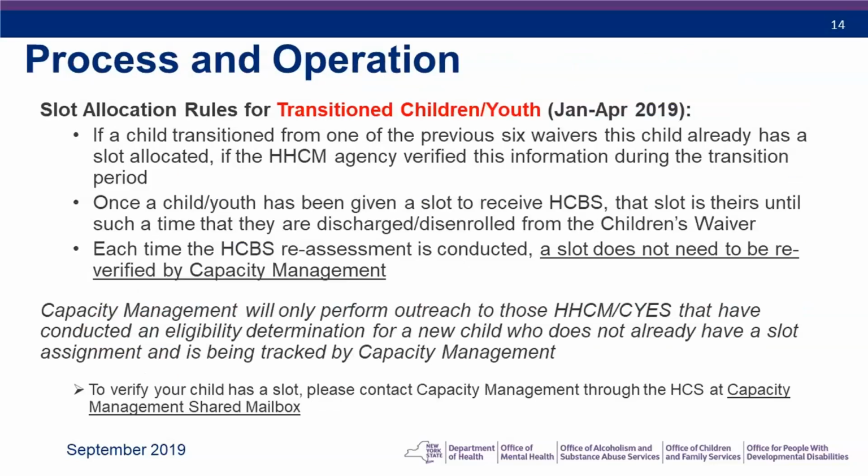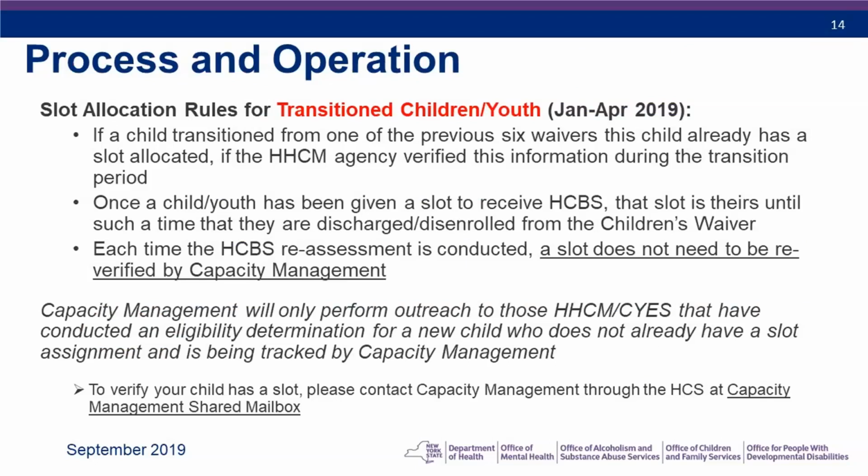So the first thing we want to make sure that people understand is that if your child was a transitioning child between January and April of 2019, and we know that we had a couple children that were also counted as a transitioning child, maybe early May.